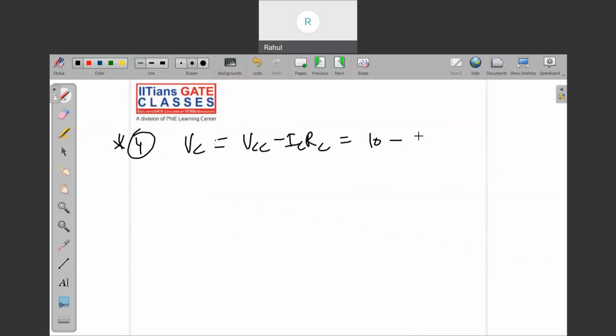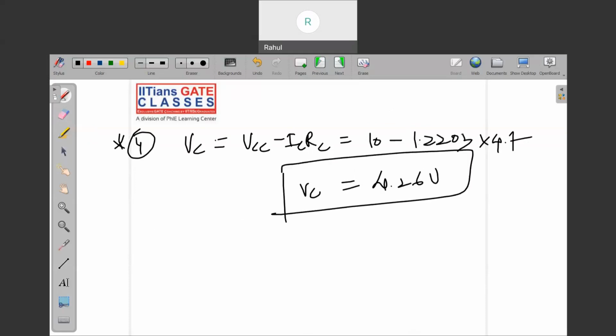So you can write 10 minus 1.2203 into 4.7. If you compute this, you get VC as 4.26 volt.